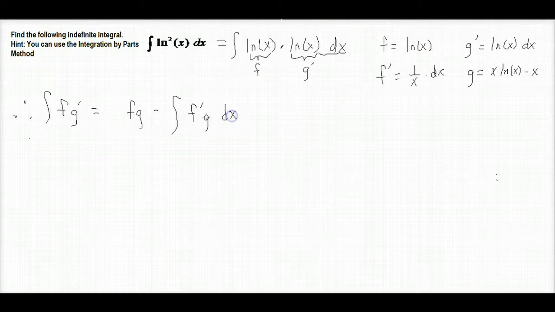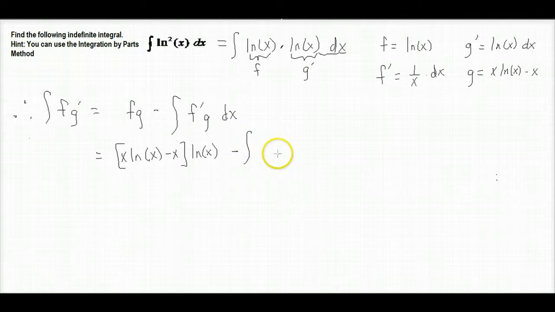And we'll just put the dx at the end. So here fg would be x natural log of x minus x, all that times natural log of x.